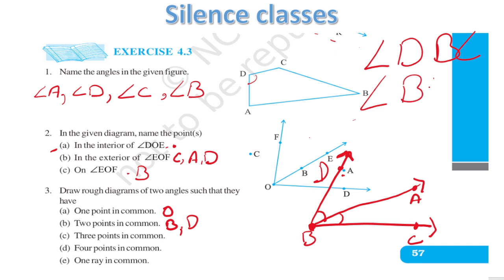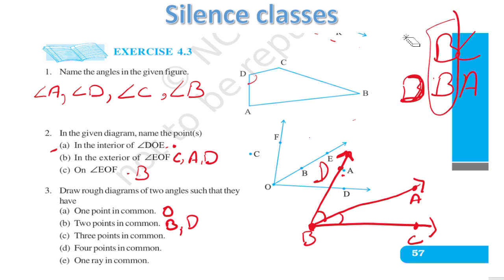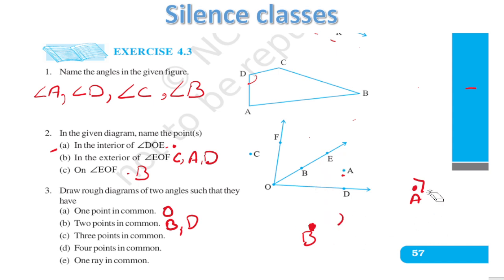Two points are common in this, D is common and B is common. Like this we can find the next question also, in which we have to find 3 points in common.